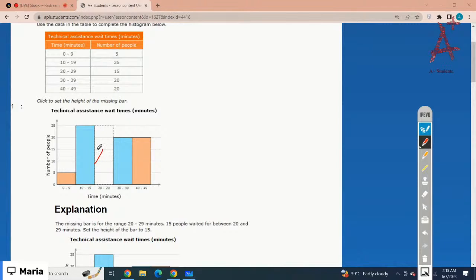This one is the missing bar you have to make for 20 to 29. Then you have 30 to 39, you have 20, you can see here it is 20, then you have 40 to 49. So this one you have to make to complete the graph. Got it?